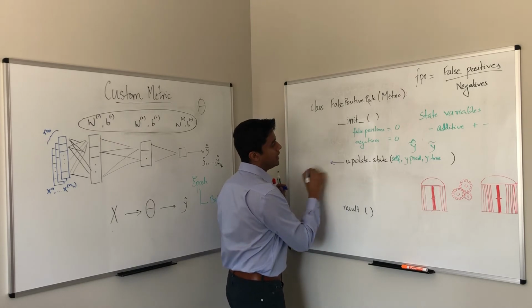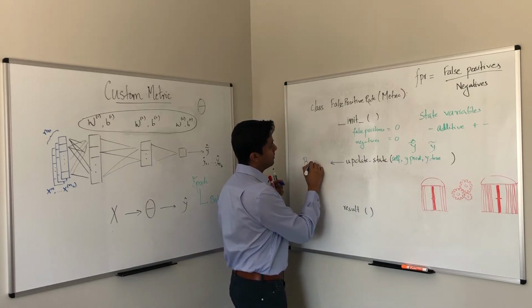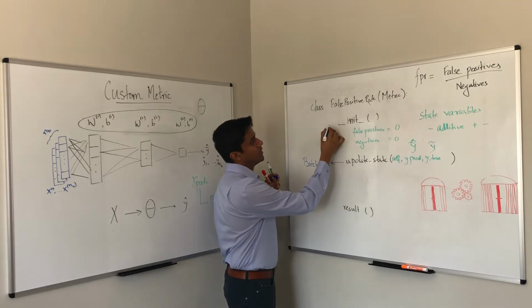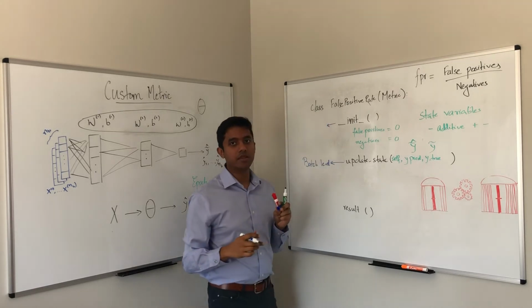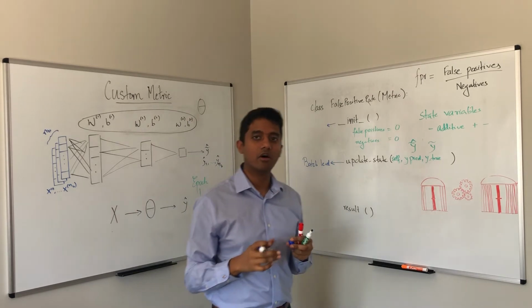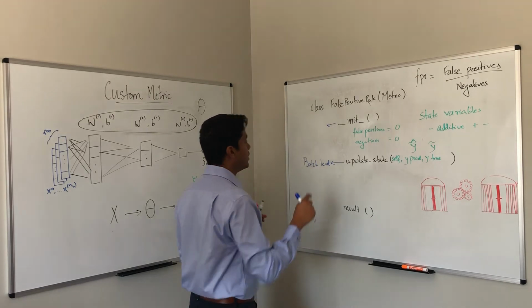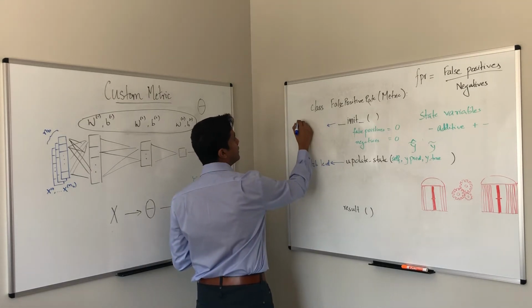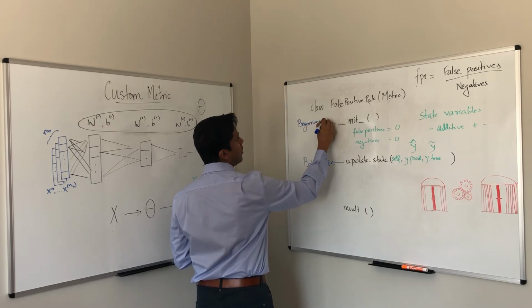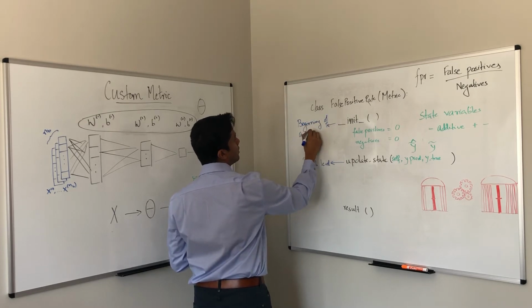This update function is called at batch level. The init function is initializing everything or resetting everything to 0 or its initial value. This happens at the beginning of an epoch.